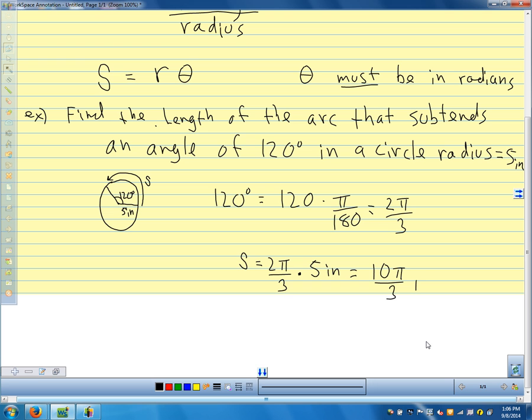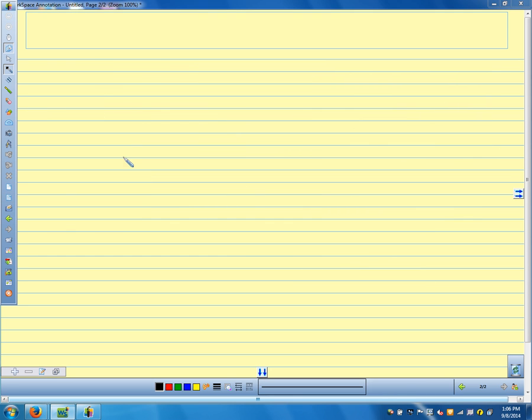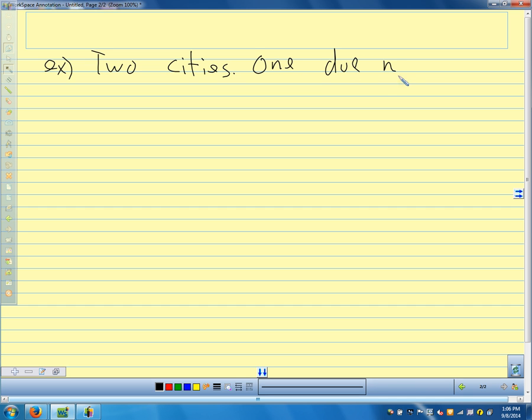All right, the other kind of question that you might see that involves this concept. I'm not going to do everything in detail, but I want to show you how you're going to set it up. So the problem is going to say something like we have two cities. One is due north of the other. And it's going to give you the latitude of each city.